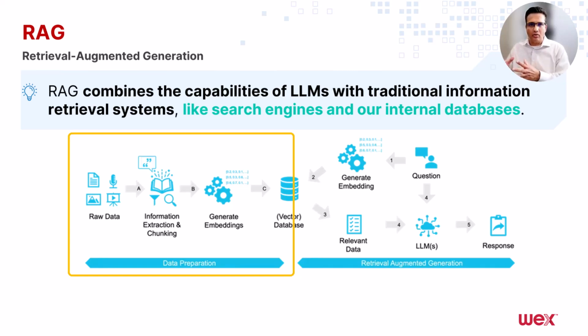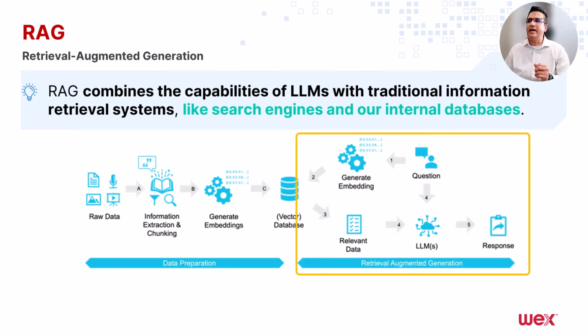All the data that we have in our organization, that data needs to be prepared for LLM to use, to be able to generate the answers if we ever decide to design, or if we design a chatbot that answers questions on our internal documents, our internal information, right? And I'm sure we have different entities are building this already. So data preparation is one part of it, and second part is actually retrieval augmented generation, which actually combines the information that LLM has with the information that we have.